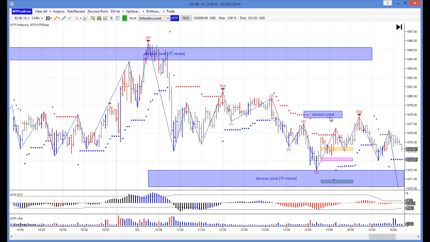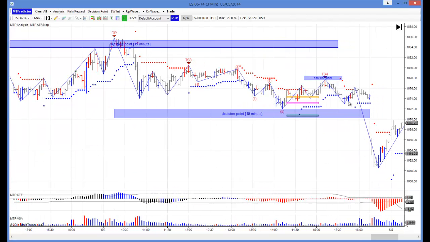So if I place that on, again, these are on the chart in advance before the market gets there. Look what the market did, went right up into that decision point level before declining off very nicely indeed. So the patterns that unfolded on Monday, that was Monday the 5th, adhered to our MTPredictor guidelines absolutely perfectly.